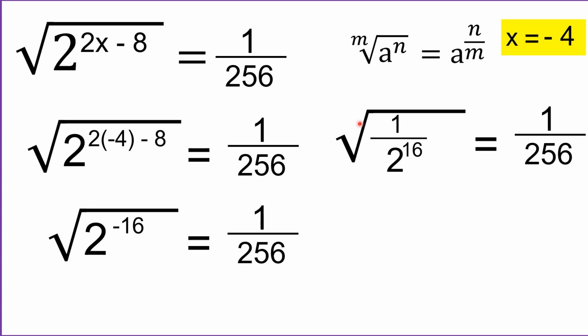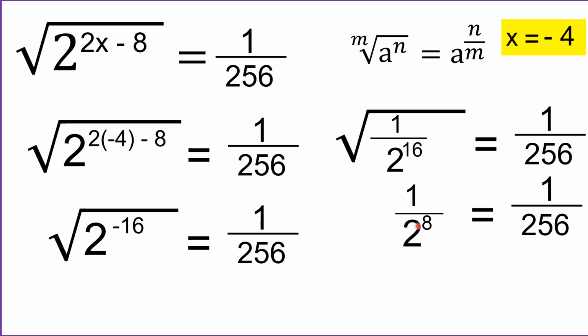So square root of 1, which is 1, divided by the square root of 2 raised to 16. Again, this is the rule: just divide the exponent by the index. The exponent here is 16 and the index is 2. What is 16 divided by 2? That is 8. So this becomes 1 over 2 raised to 8, equal to 1 over 256.